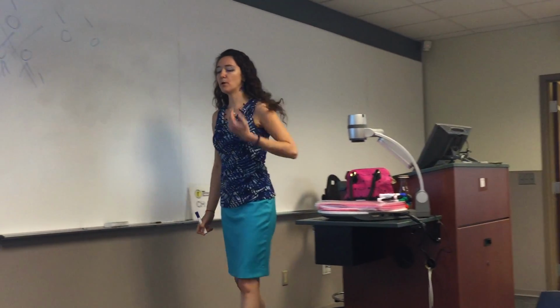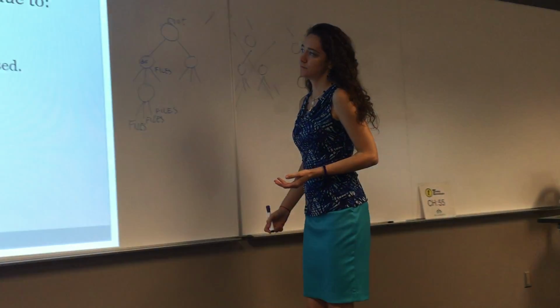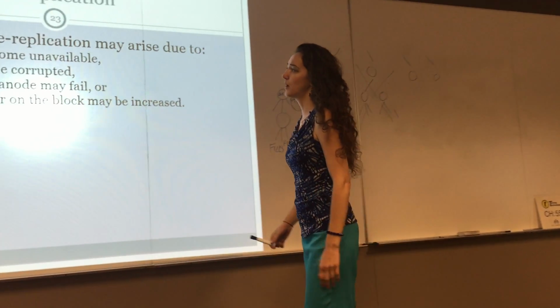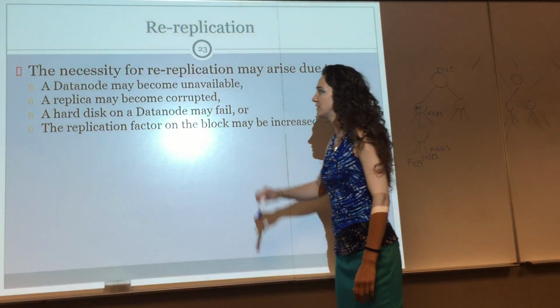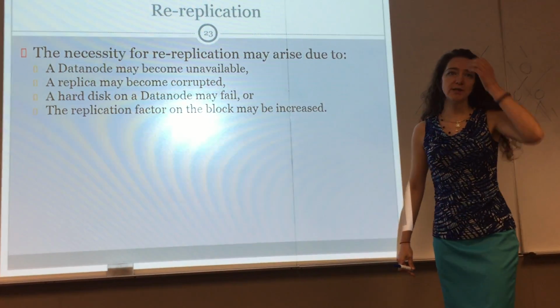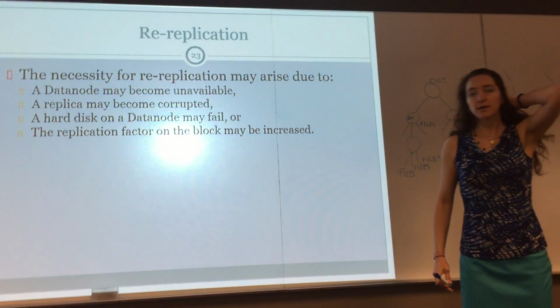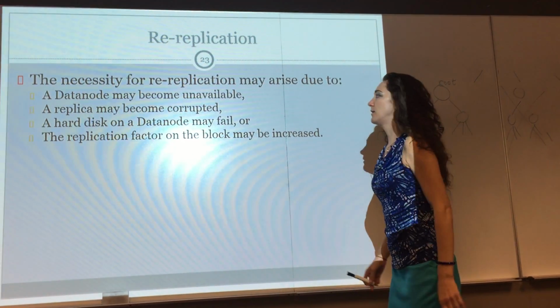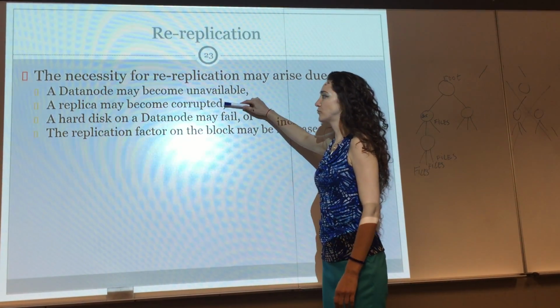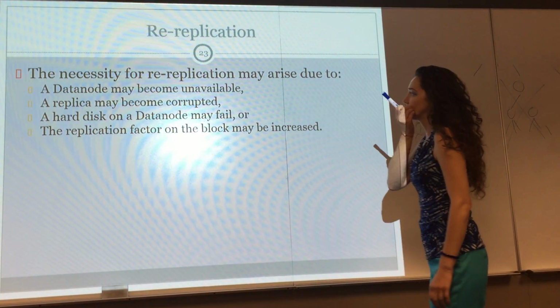We might need to create more copies for other reasons. It is possible parts of the hard drive became corrupted, because remember, these are cheap, everyday use computers, and hard drives can partially fail. Some of the blocks can be lost because of that.